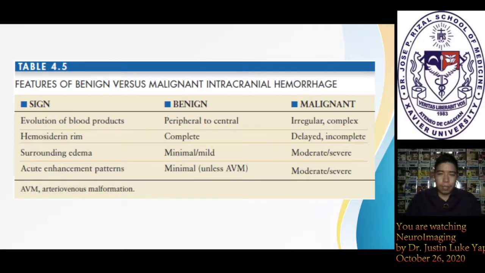So sometimes it's difficult to differentiate either, but here are some clues to help you in determining if the source of the hemorrhage is a benign or a malignant process, because sometimes the first presentation of these patients is the intracranial hemorrhage.